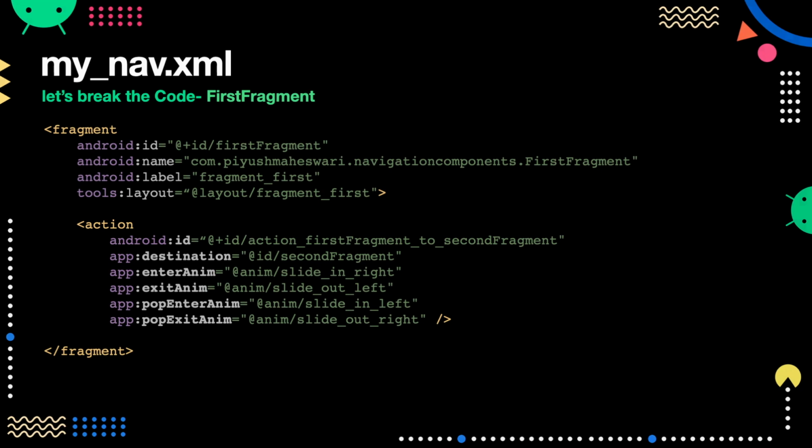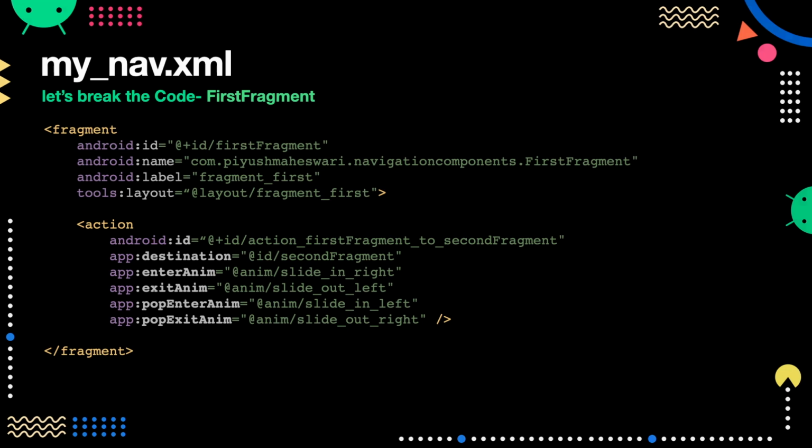So the main difference between enter and pop enter is that enter happens when you're navigating to this fragment. Enter anim is the animation which will happen when you're entering this fragment, and pop enter would be the one which will happen when you're navigating backwards, and similarly for exit and pop exit.